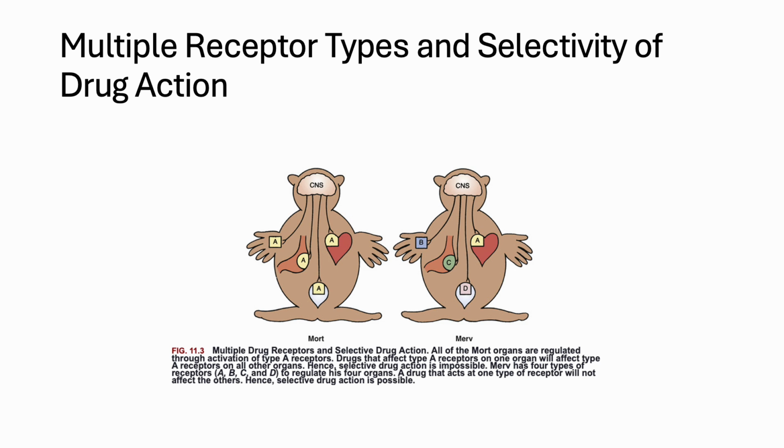Let's assume that Mort develops heart disease, and we need to provide a drug that will help increase his cardiac output. So we try to stimulate his cardiac function by administering a drug that activates the receptor of his heart. But the receptors on his heart are the same as the receptors on the other organs. So the drug that we're using to stimulate his cardiac function will also stimulate the other organs. In attempting to improve cardiac output, we might have some really silly and embarrassing side effects.